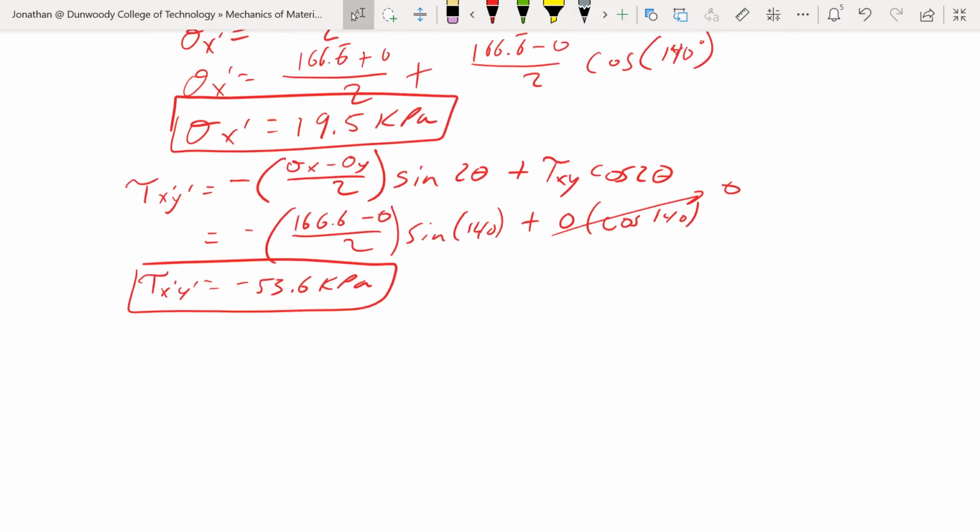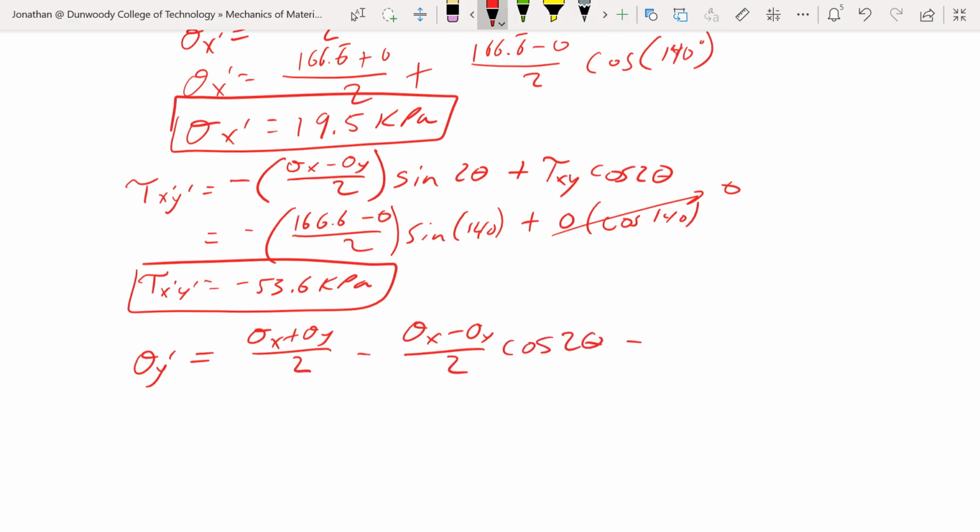We weren't asked explicitly for it, but let's find sigma y prime while we're at it. The transformation equation is sigma x plus sigma y over 2 minus sigma x minus sigma y over 2 times cosine of 2 theta minus tau xy sine 2 theta. Again, this last term is going to go to 0 because tau xy is 0.